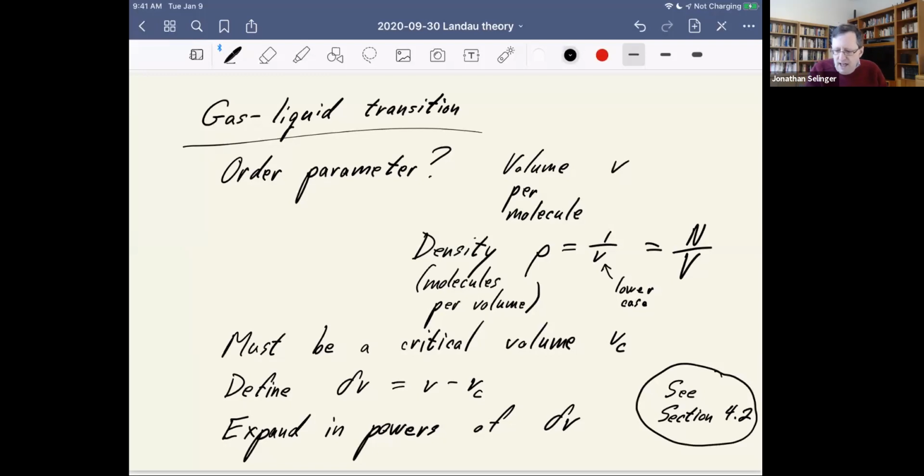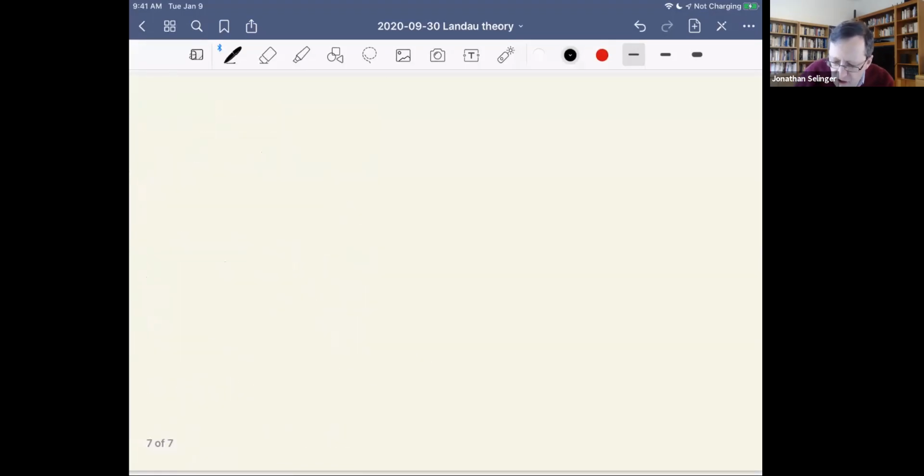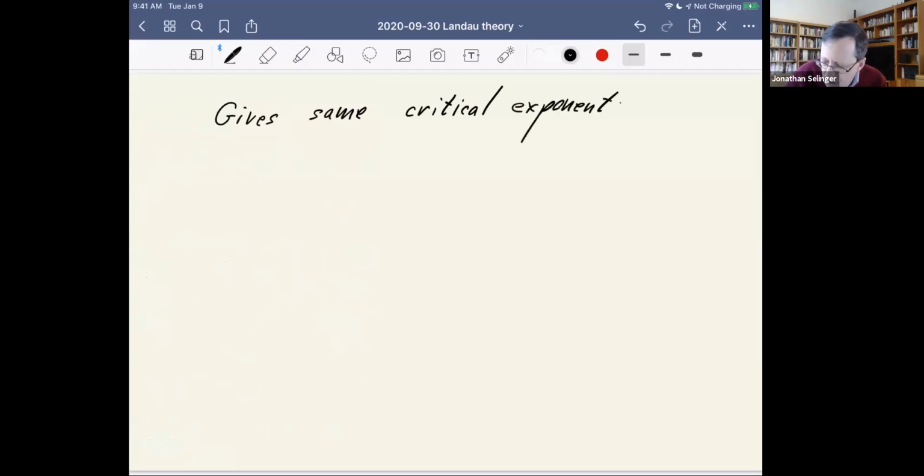And so it gives basically the same predictions for the critical behavior, that is, for the behavior close to the critical point. And so in particular, it gives the same exponents, the same critical exponents for liquid gas as for Ising.